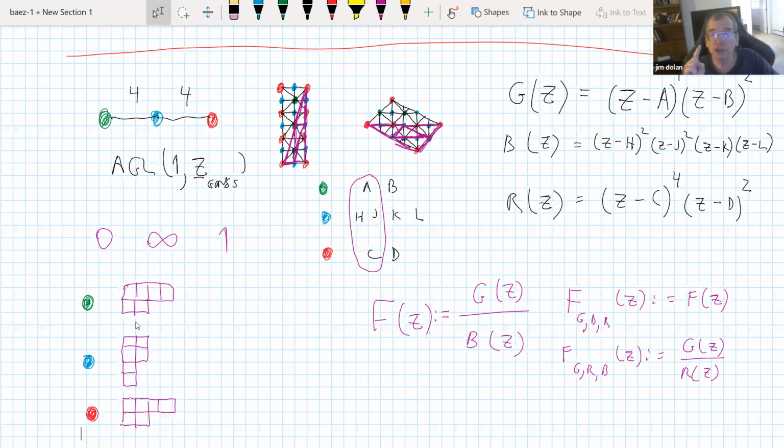In the case where you have a unique blue vertex, you think of the blue vertex as the infinity value. At that point, you've got a rational function that just has a single pole of some multiplicity. But a rational function that just has a single pole, you can reinterpret as a polynomial function by thinking of it as taking infinity to infinity.